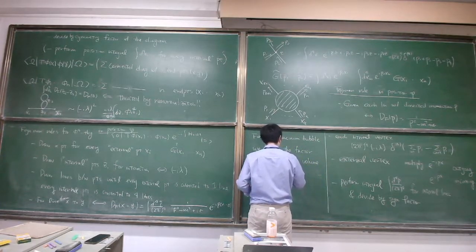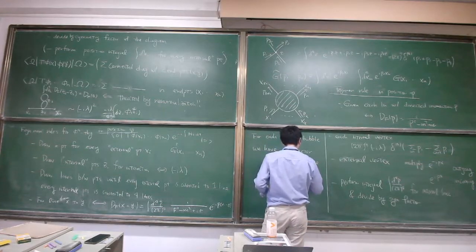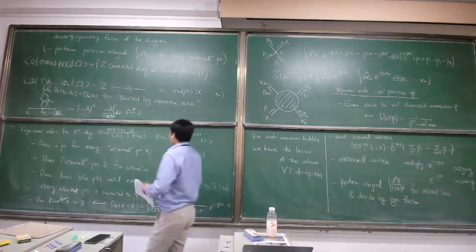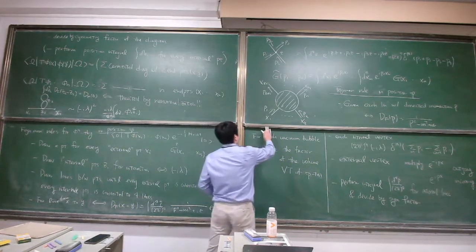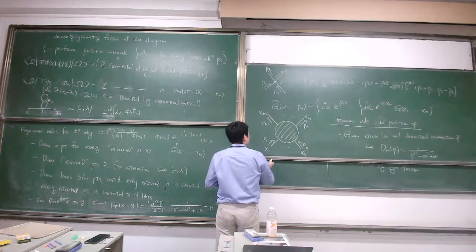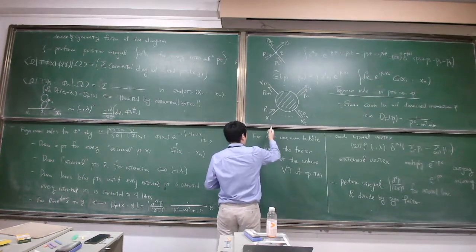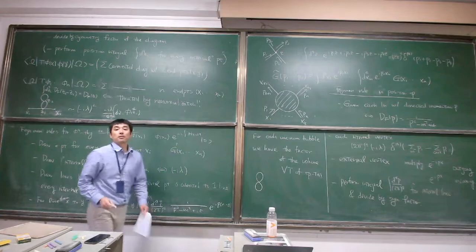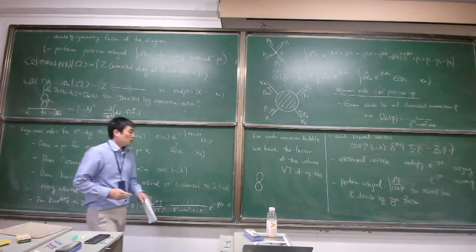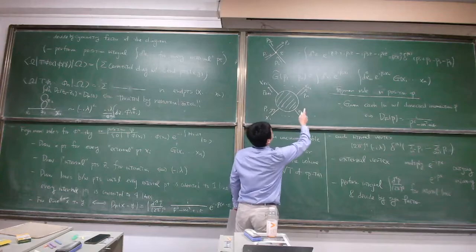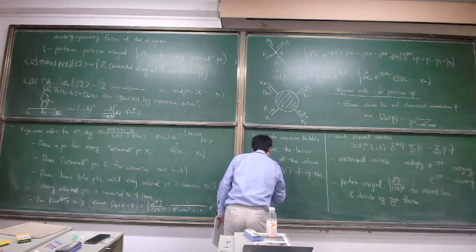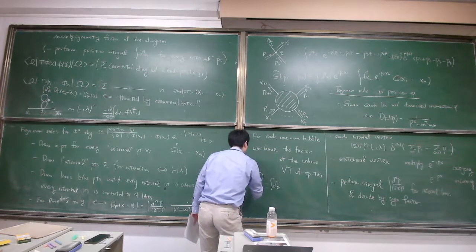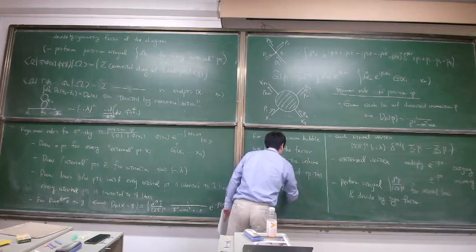This comes from, for instance, if you look at this diagram and apply this rule, it has this factor, the integral d^4z, giving delta to the fourth of zero, right?